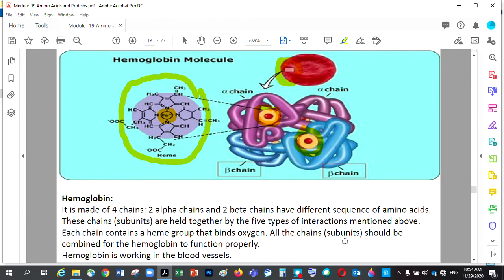All the chain subunits should combine for the hemoglobin to function properly. The hemoglobin is working in the blood vessels. So this is just the structure of the quaternary chain structure, and how the hemoglobin fits into this quaternary structure.